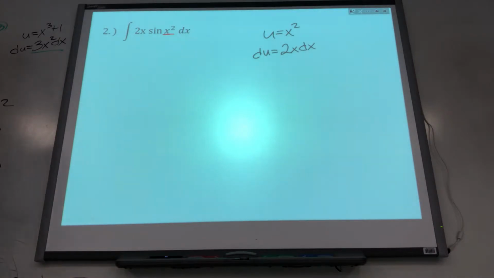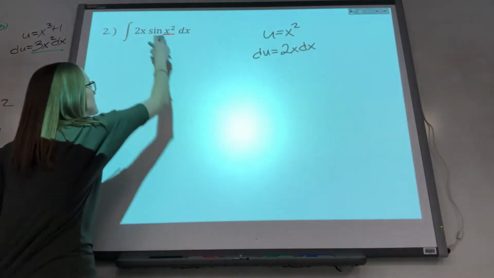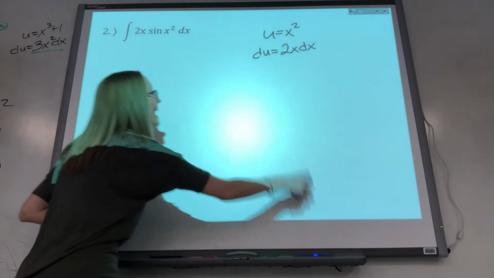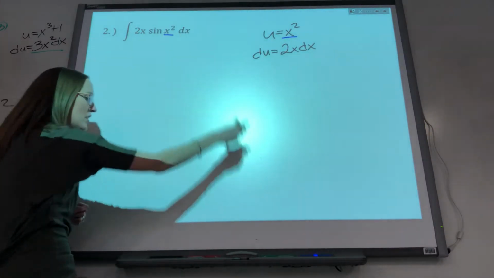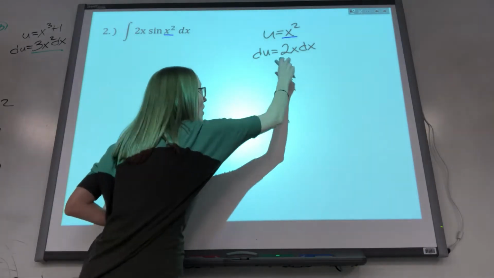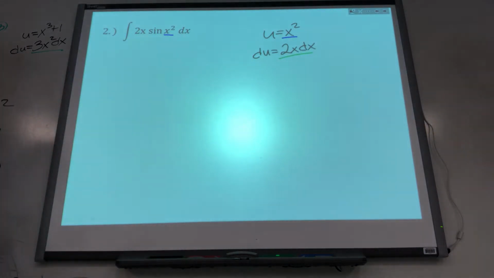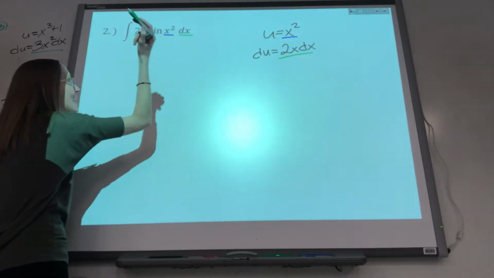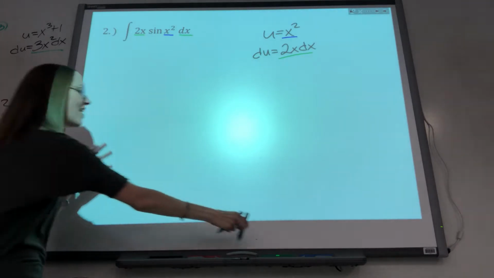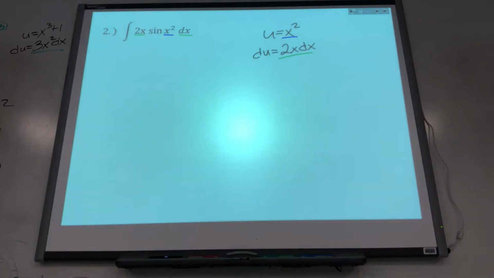And like usual, I always put the dx there with it so it matches up to what I have over here. I know that is u, and all the rest of my integrand needs to be 2x dx. And looky there, 2x dx. We have it all.